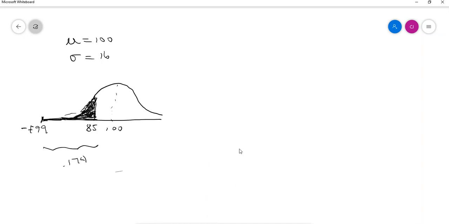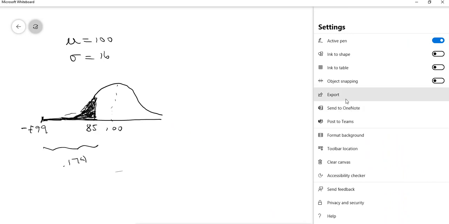And we're going to do one more, and we're going to do area to the right. So I'm going to clear this out and clear that canvas. And we're going to do area to the right. So the problem in the book that we were working on, I got to look real quick, it was 1.56.